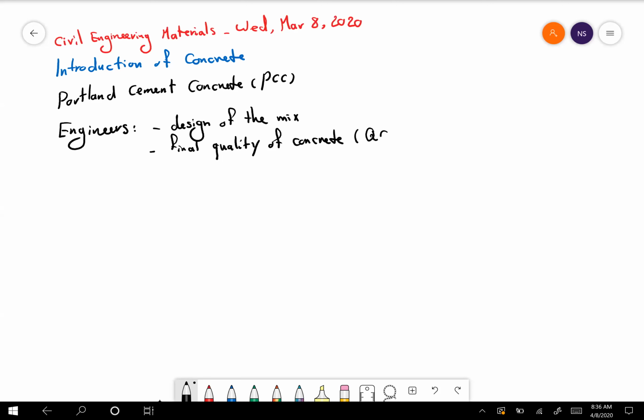So QC/QA, that's quality control and quality assurance, means you need to control the process while you're building and pouring the concrete and building the materials. And also after the construction, you need to make sure, through the quality assurance process, that the final quality of the final product is according to the standards.